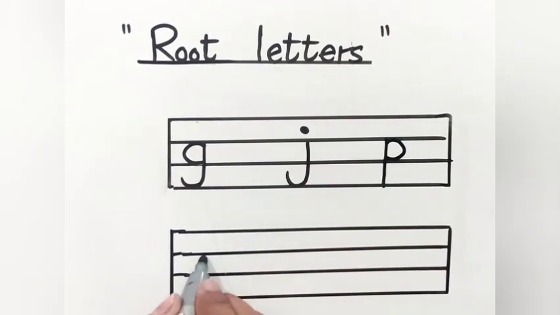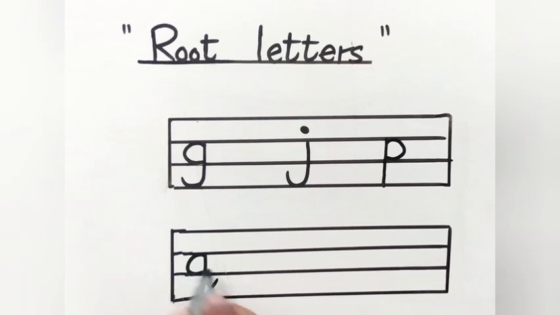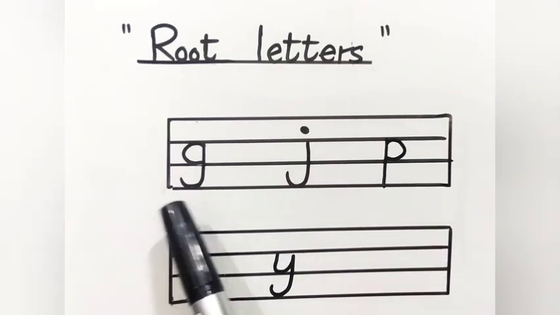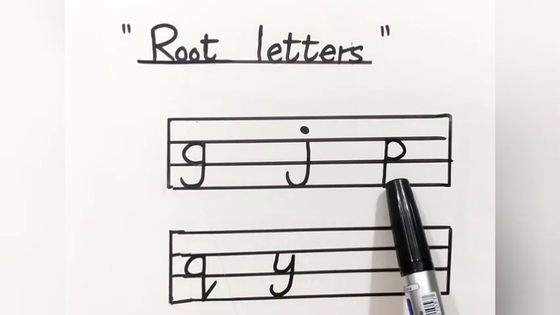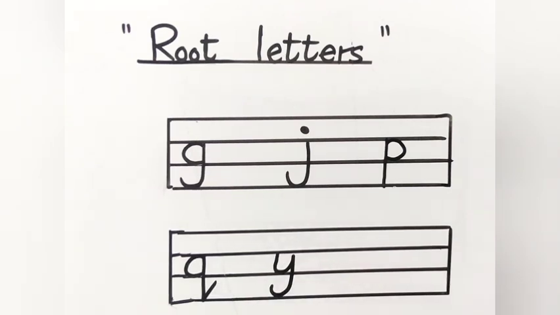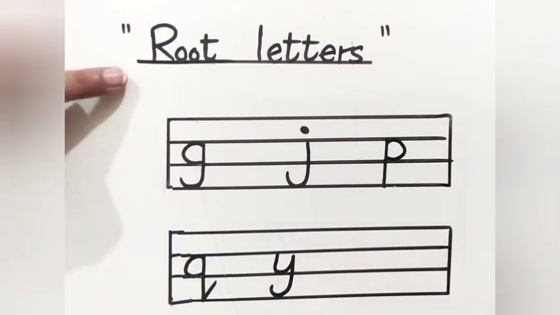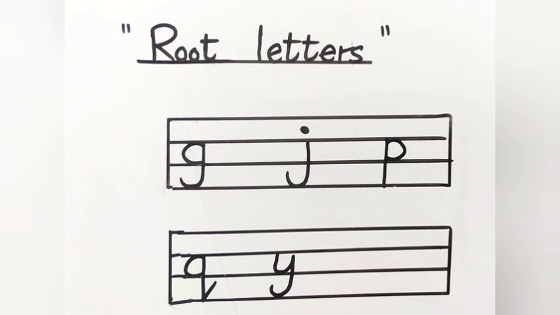After P we have Q, and the last one we have is Y. G, J, P, Q, and Y. These are our root letters as they fit in the last three lines.